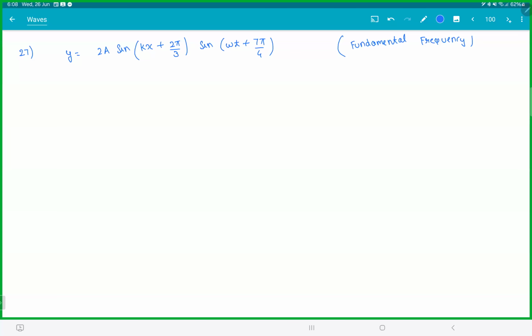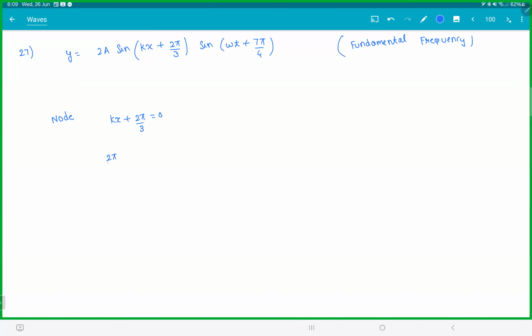Origin. Okay. Let's see. That looks right. So first thing here, let's find the node. For the node, directly you can take kx + 2π/3 = 0.